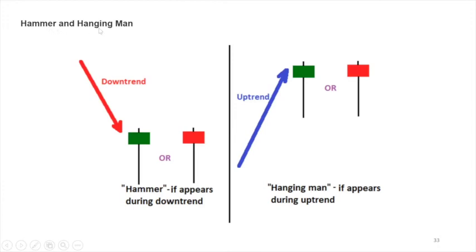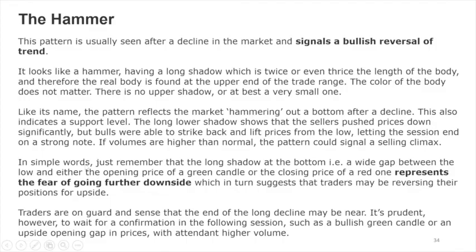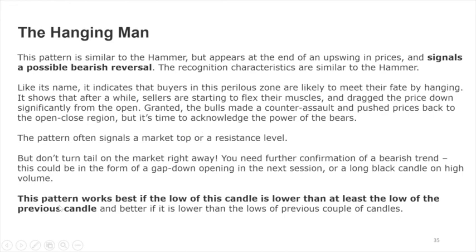The hammer and hangman are totally the same. The hammer is formed in a downtrend, and the hangman is formed in an uptrend, when the market is in an uptrend. It is the same form, but the way you name it: if it forms in an uptrend it is a hangman, if it forms in a downtrend it is a hammer.